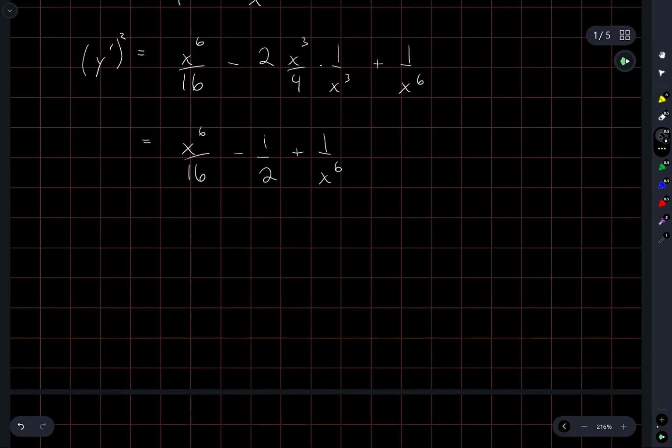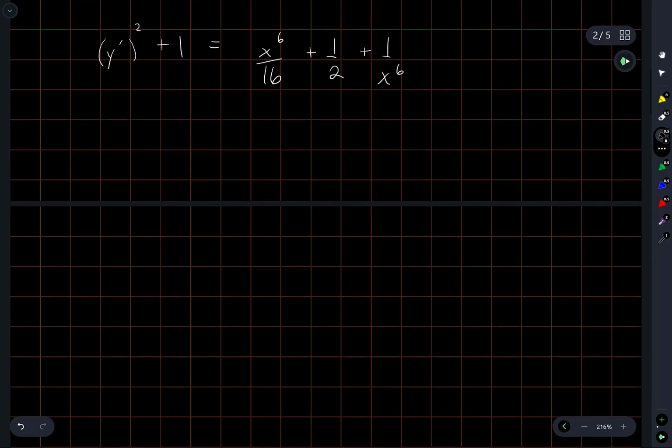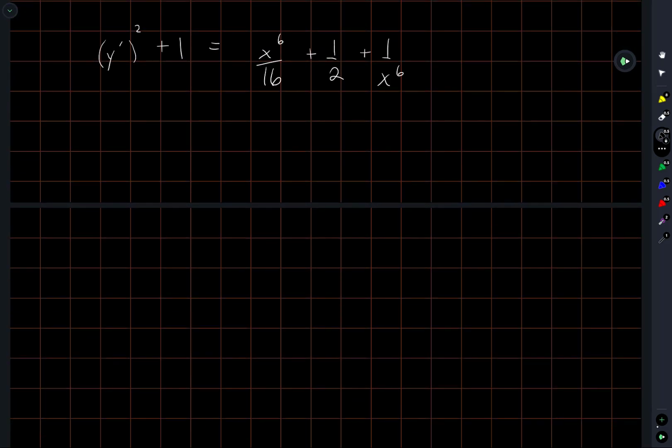And then I need to compute the derivative squared plus 1, which will be x to the 6 over 16 plus a half plus 1 over x to the 6. And I need to take a square root of this quantity. I suspect that maybe this can be factored.